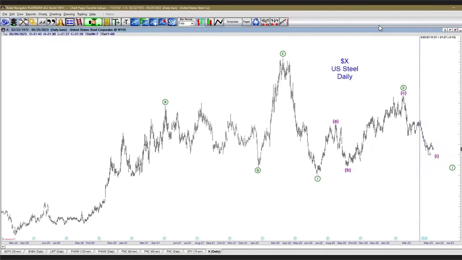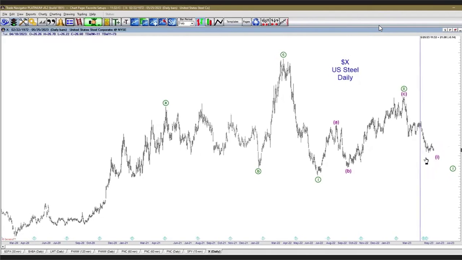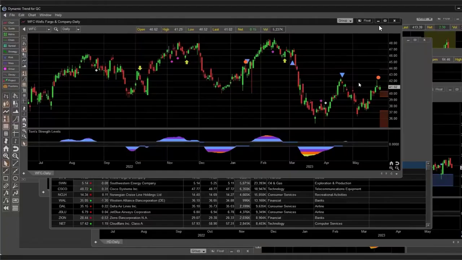So 1, 2, 3, 4, 5 for 1 of 3, and then a bounce, and then a real meltdown, no pun intended, after that. So anyway, this was just a classic wave analysis setup, and it helps to have the screening software draw your attention to trade setups.